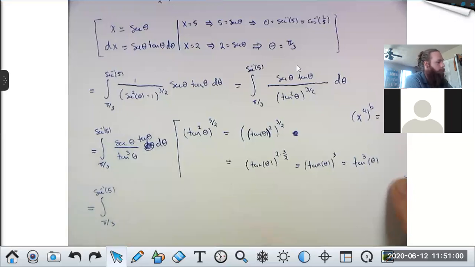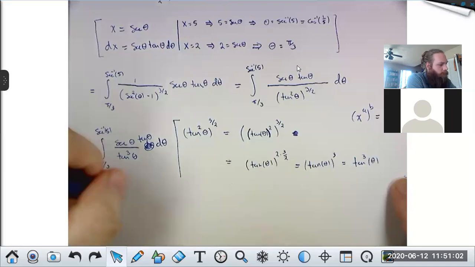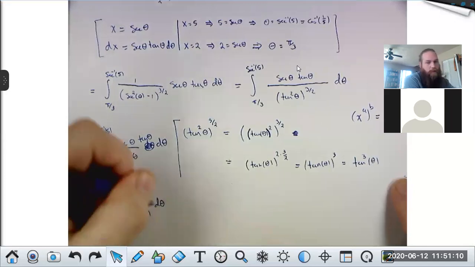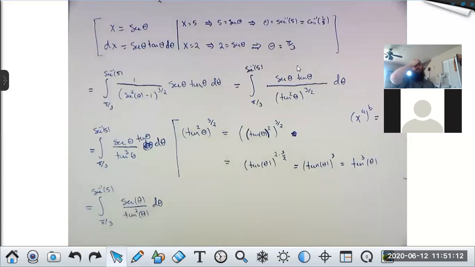I can cancel one of the tangents, and that's secant theta over tan squared theta d theta, like this. Yeah, good catch. All right, so what do I do with this thing?